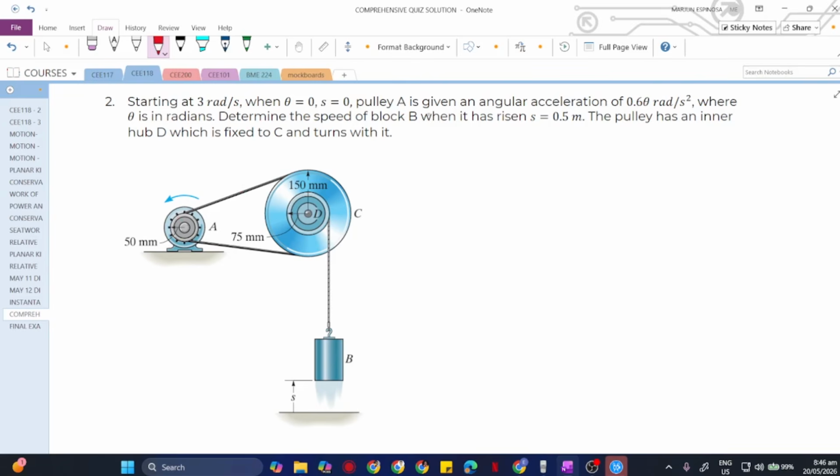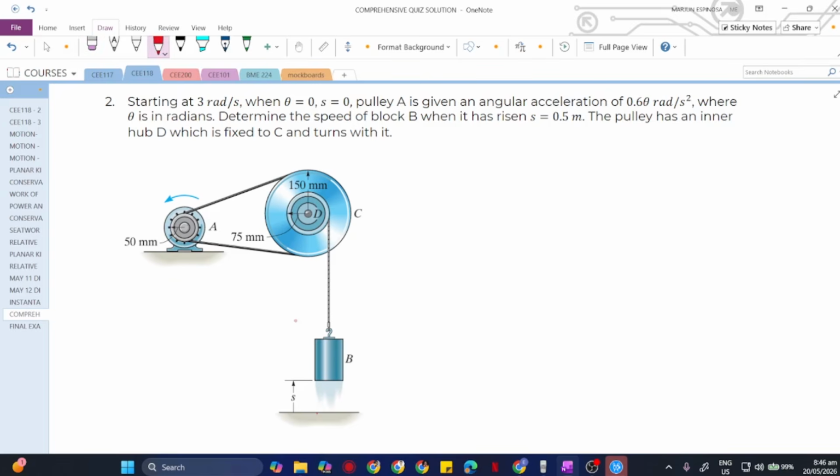Pulley A is given an angular acceleration of 0.6 theta radians per second squared, where theta is in radians. Determine the speed of the block P when it has risen 0.5 meters from its initial position. Initially, yung block natin nandito, so S is equivalent to 0. So, it has risen now to 0.5 meter.